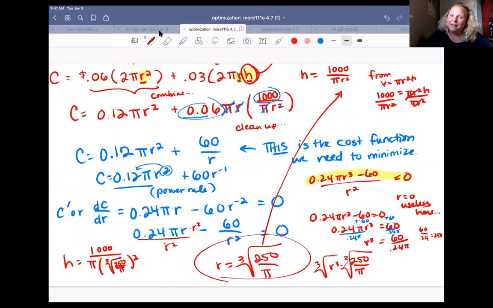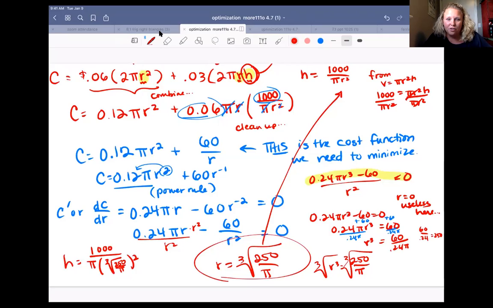And I would bet Sapling takes that. You can simplify it, but it's a lot of algebra. You square the 250, you square the pi, and then you cube root it, or raise it to the 2/3 power, however you'd like to do it. I'd be okay with that, or a decimal approximation. I know Sapling will take it. I would be shocked if they didn't at this point, using this book for a year. But those are the dimensions.